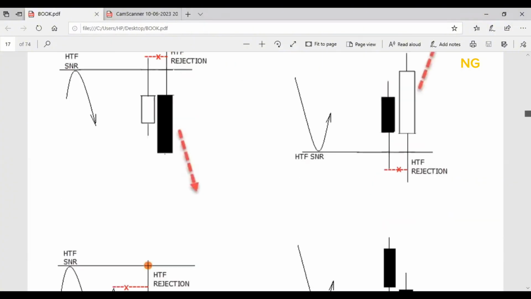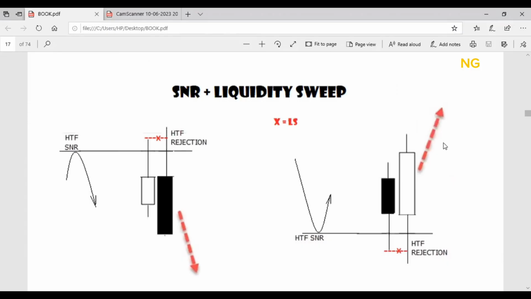Like I was telling you, a liquidity sweep is simply when price taps into a previous candlestick high. It took it out, even if it's just with only one pip above the previous high. That's a liquidity sweep.